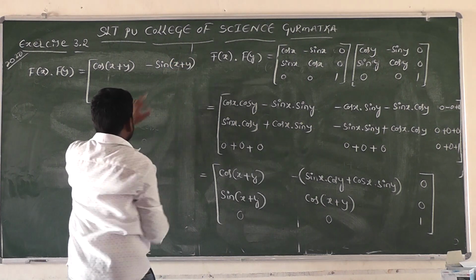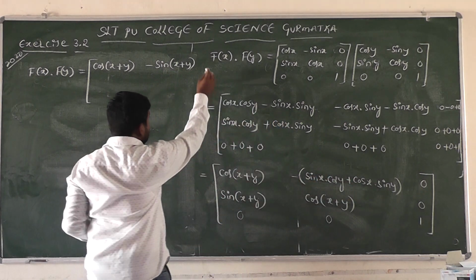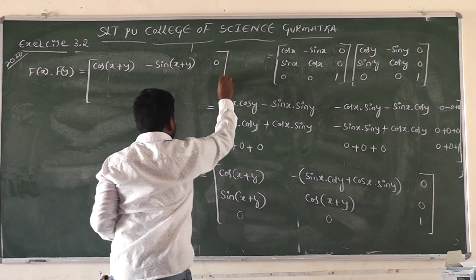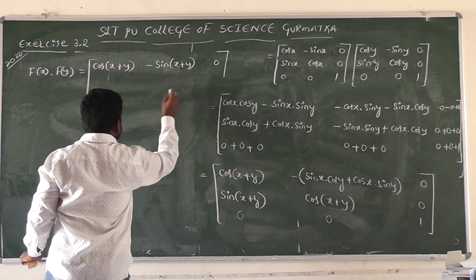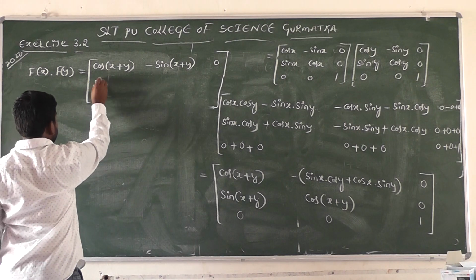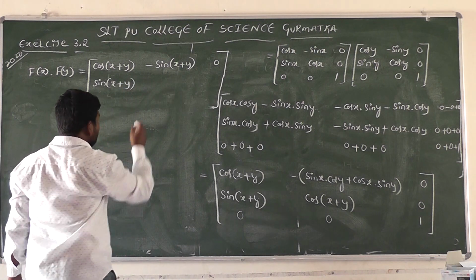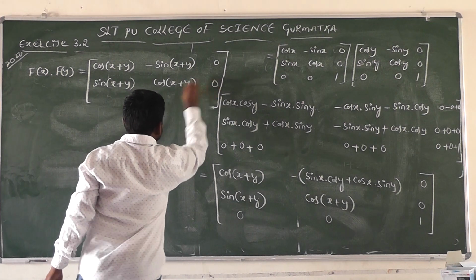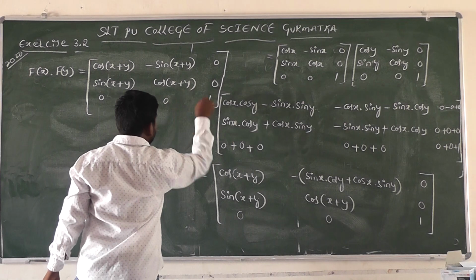That is the sin x plus y formula here, sin x cos y plus cos x sin y. Right? And next last one term, that is what here? 0. And next term, sin x plus y and cos x plus y, 0, 0, 0. Right?